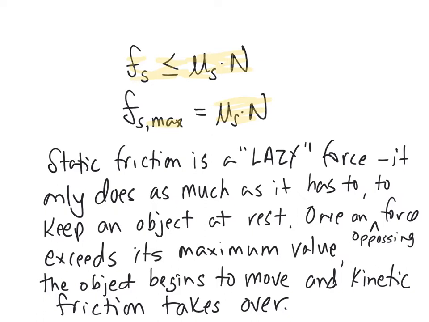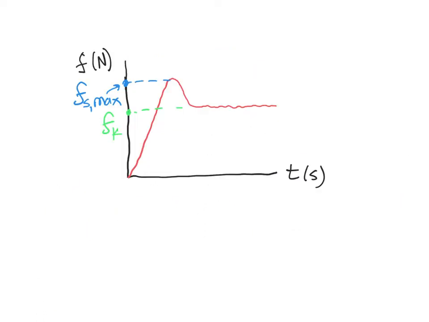But once an opposing force exceeds static friction's maximum value, the object begins to move and kinetic friction takes over because there's now motion between the two surfaces. So now you have kinetic friction. In our lab, you saw that as Jacob was pulling on the block with the force sensor, the force was going up and going up as time went by, still not moving.